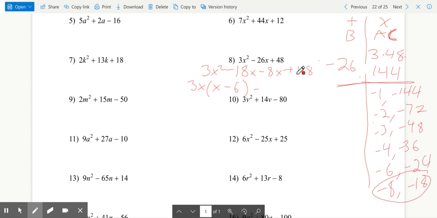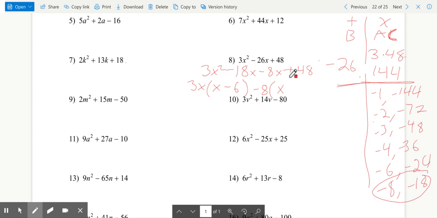So I'm looking for something that 8 and 48 have in common, right? Something that I can divide both of those things by. Well, it turns out 48 is divisible by 8, right? 48 divided by 8 is 6. So I can factor out an 8. So what do I have left? Well, negative 8 divided by negative 8 is just 1. So all I have left there is x.